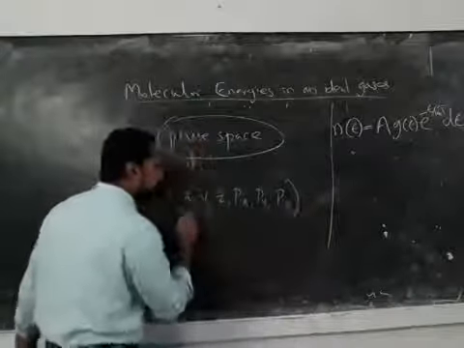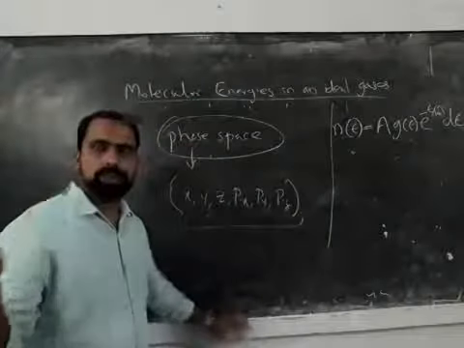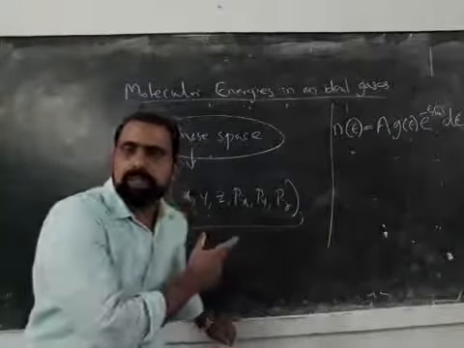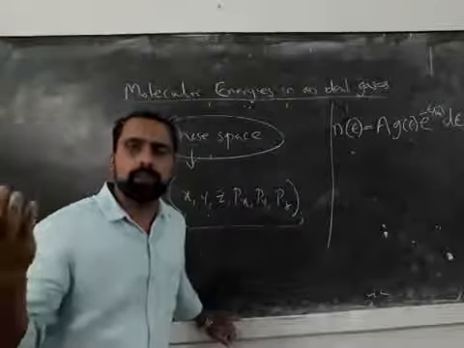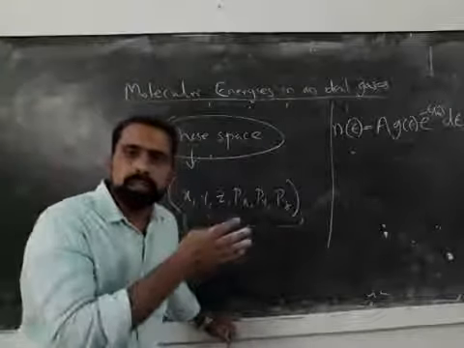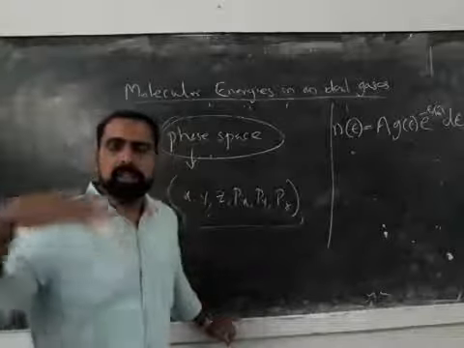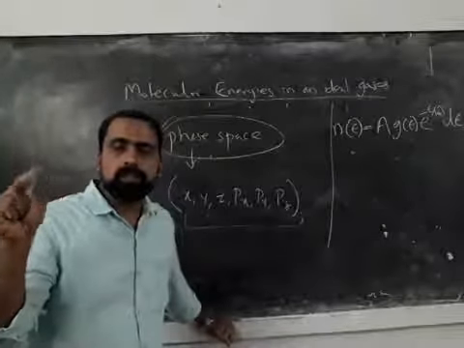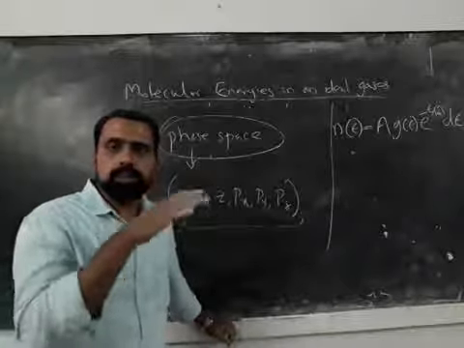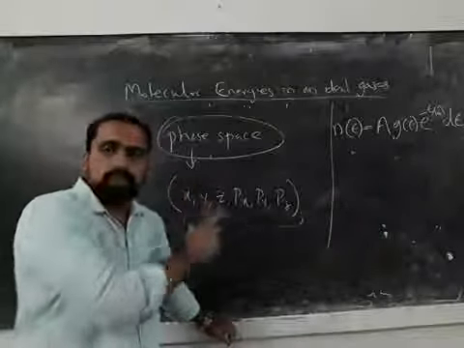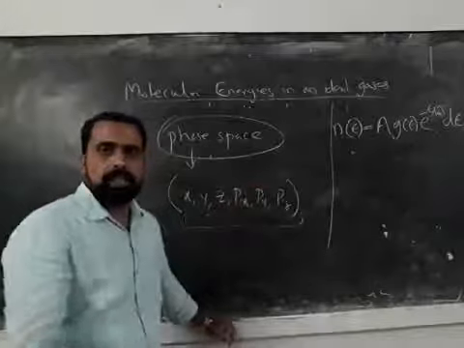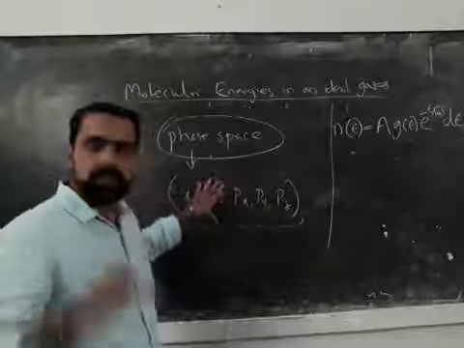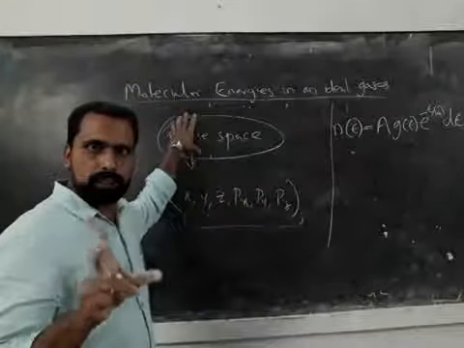So you have a total of 6 coordinates. If you have n particles, how many coordinates will there be? Whether 1 particle, 2 particles, or many particles, I will come to all those things in the last class in detail.